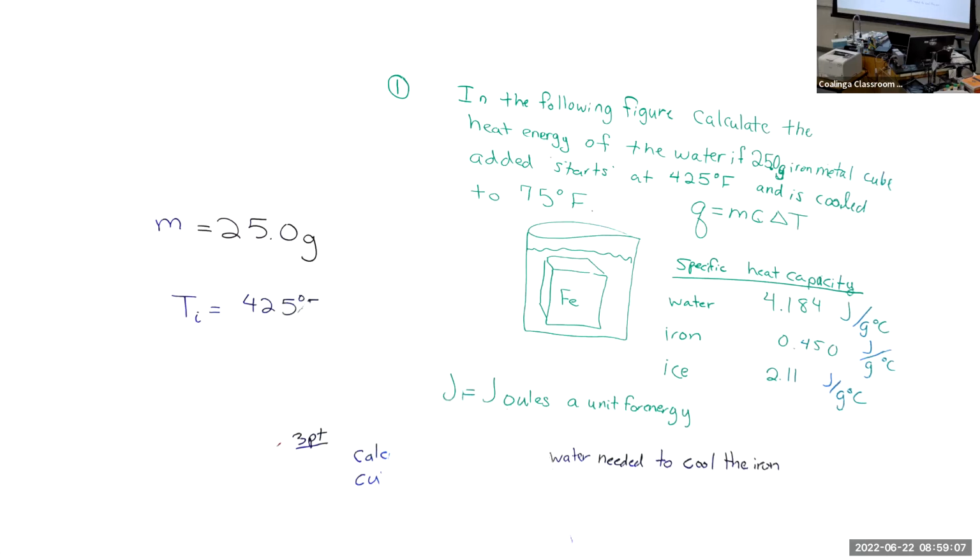So we have to change that to Celsius. How do we change that to Celsius? Oh, wait, would you have to subtract the final and the initial? Oh, we gotta change it to Celsius first.